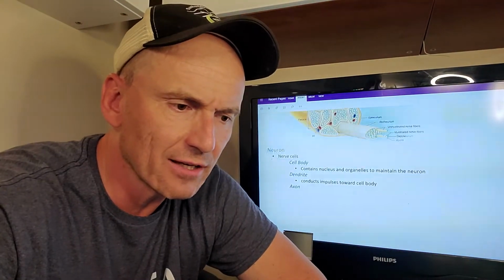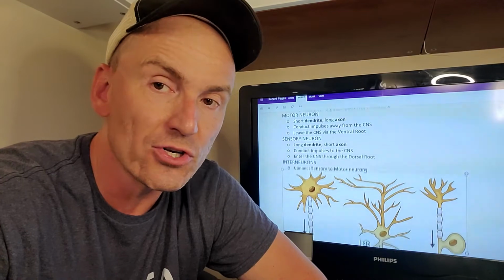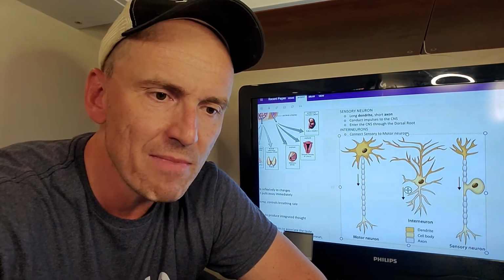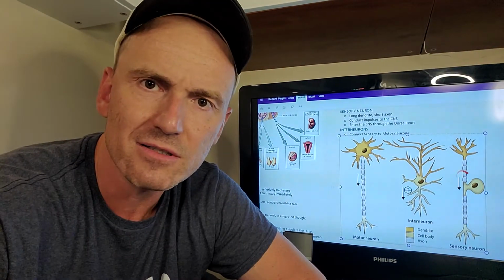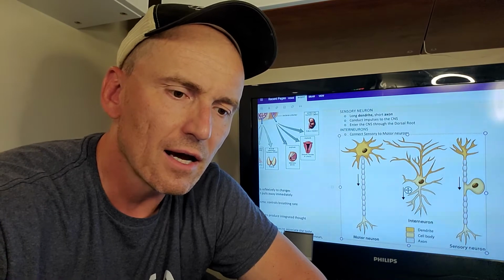So let's look here at nerve cells or neurons. There are two major kinds: sensory neurons and motor neurons.